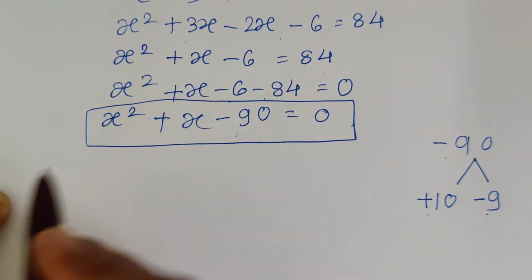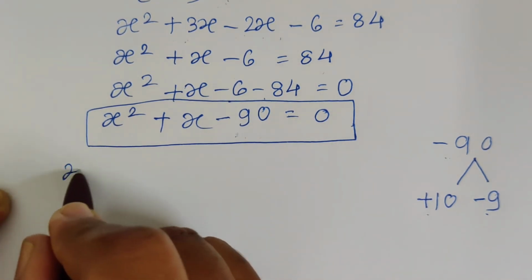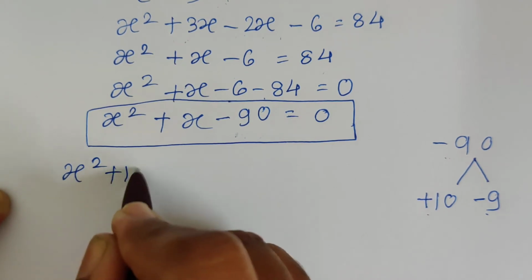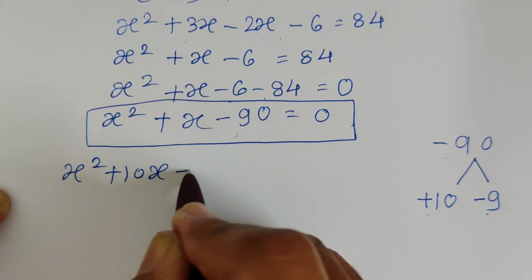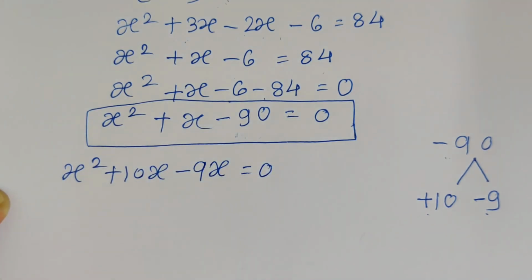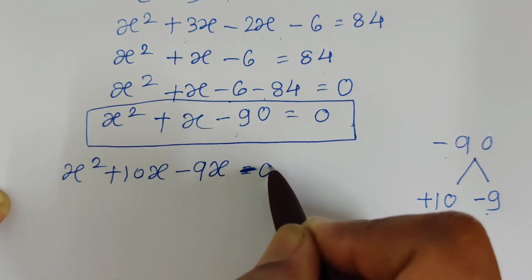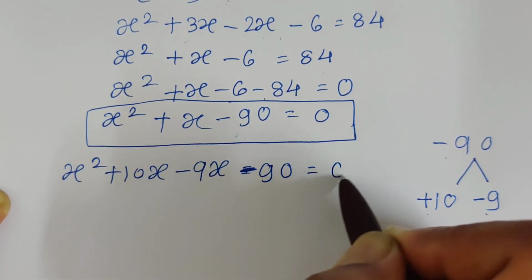So you use the factorization method and solve it. x square plus 10x minus 9x minus 90 equal to 0.